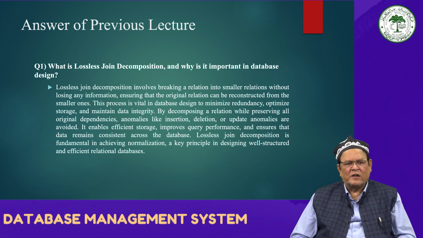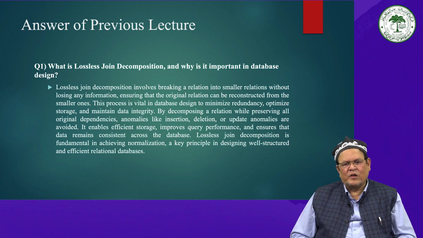This process is vital in database design to minimize redundancy, optimize storage, and maintain data integrity. By decomposing a relation while preserving all original dependencies, anomalies like insertion, deletion, and updation anomalies are avoided.